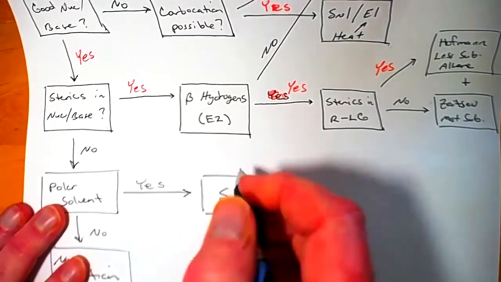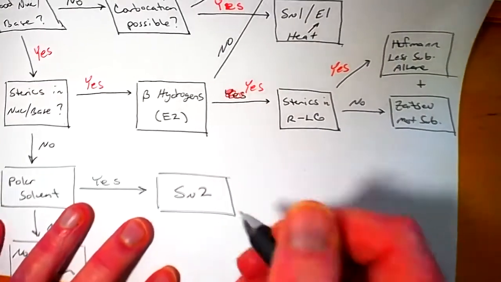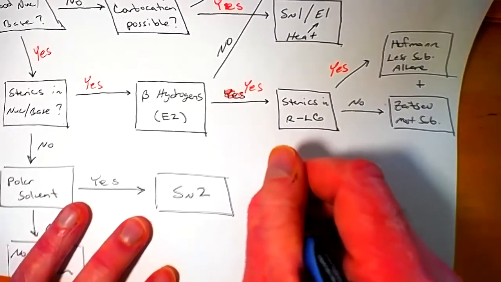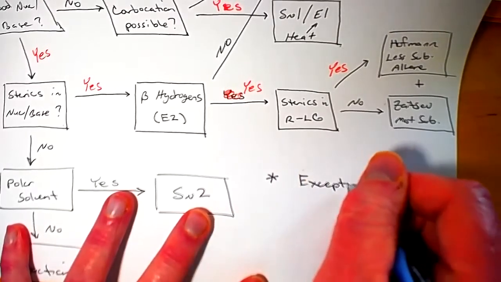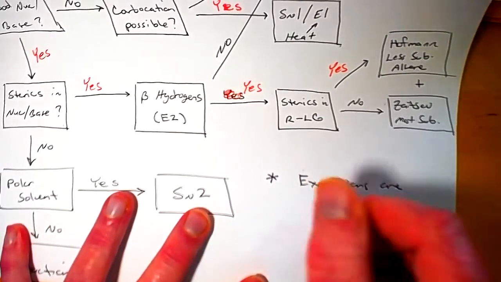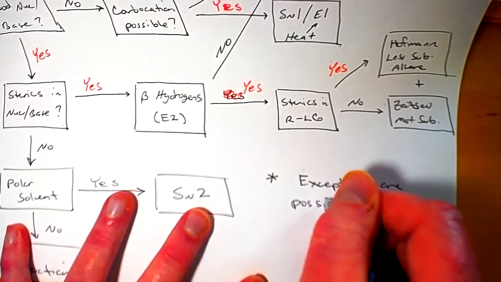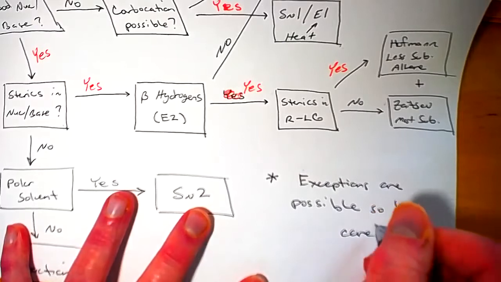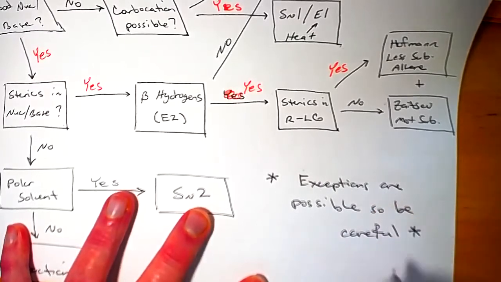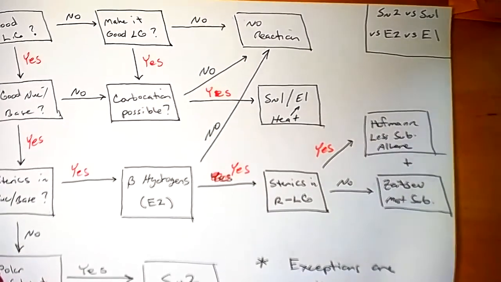So SN2 really does require a lot of specialization. Okay, so exceptions are possible. Exceptions are possible, so be careful. Look at each system carefully, make sure that you're not missing something that stands out.